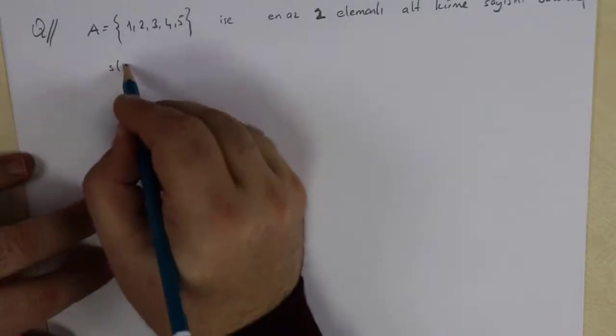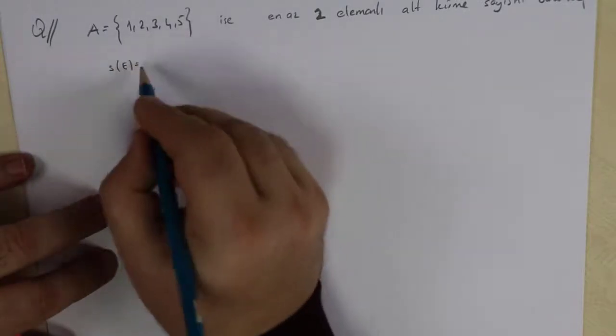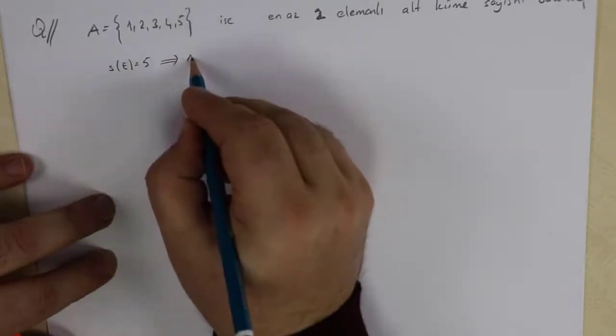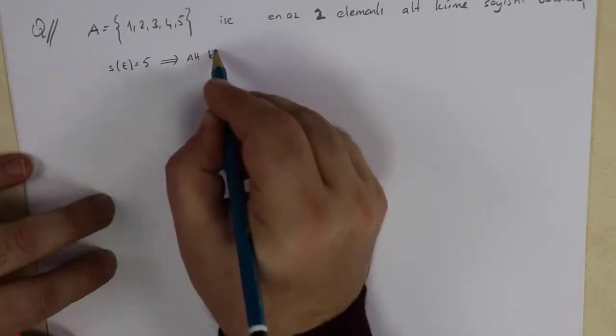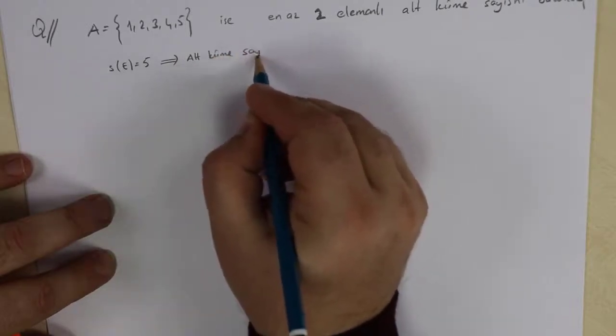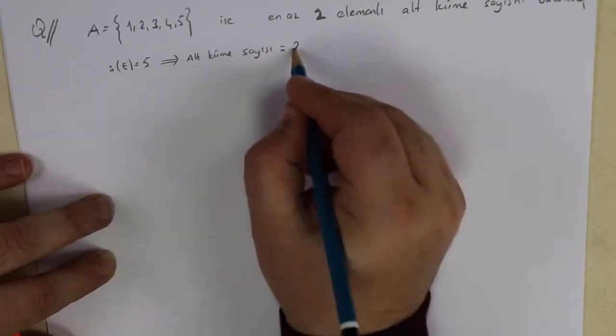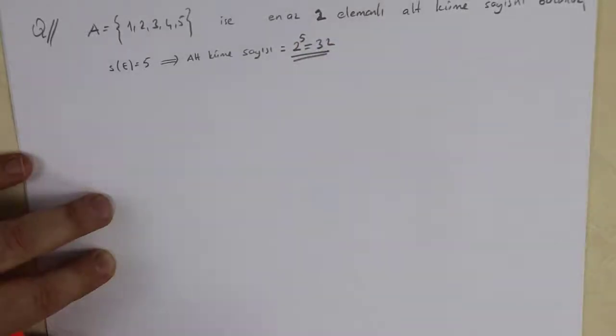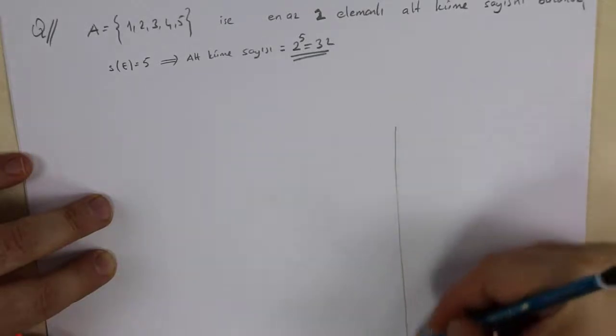So the count of the number of elements in A is equal to 5, and based on it, the total number of the subsets from set A is calculated by 2 to the power 5. That is the number of elements here. So 2 to the power 5, that's 32, all possible subsets.